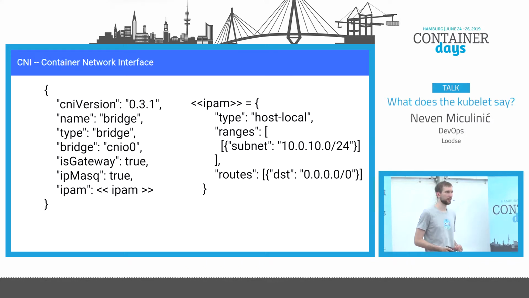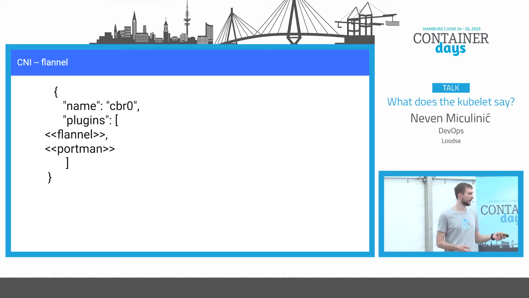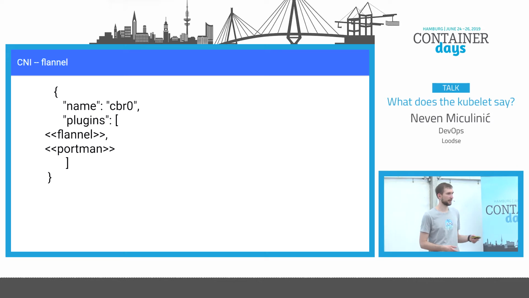For something more serious, this is the typical Flannel configuration, which Flannel installs for you automatically by using its daemon set. It consists of two plugins, Flannel and Portmap. Flannel sets up the interface for communication, and Portmap is one plugin which is commonly chained within CNI. Its main responsibility is handling host port configuration within the pod.